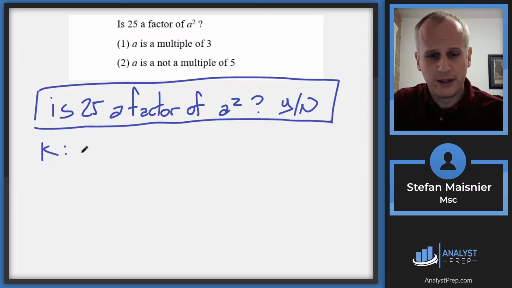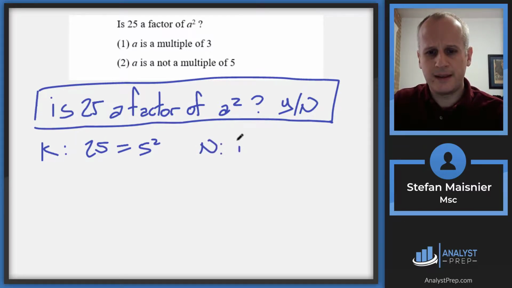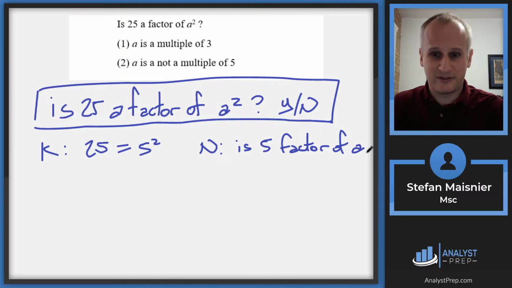And since we're looking at the factor of a squared, what we really need to know is, is 5 a factor of a? Because if 5 is a factor of a, then we know that 5 squared is going to be a factor of a squared, and thereby 25 is going to be a factor of a squared.